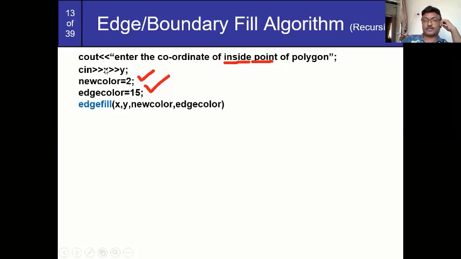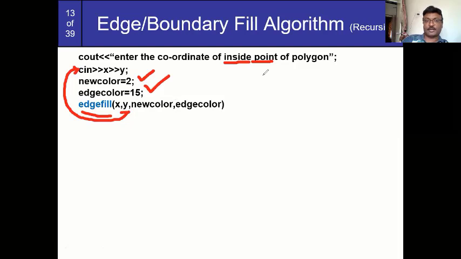Once you have done that, you have to call the edge fill algorithm. Just type edge fill, opening bracket, x y is your point, that is the inside point, then new color and edge color, which you also have to pass in the function.